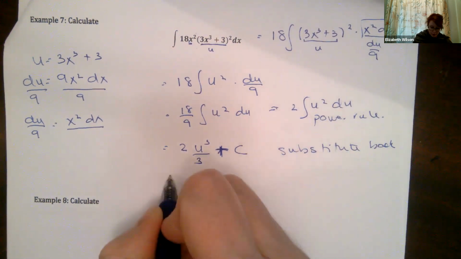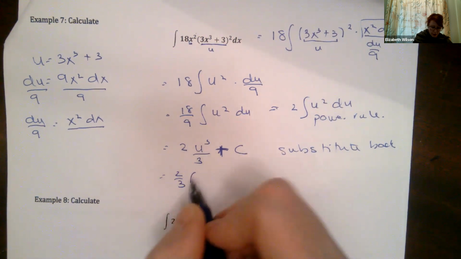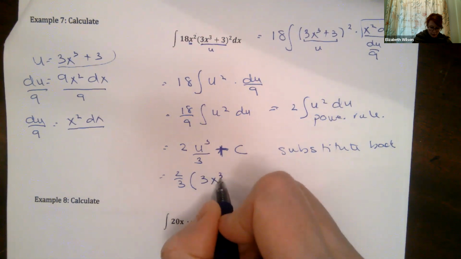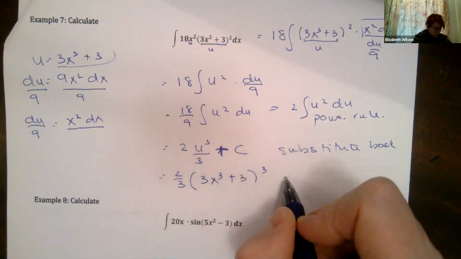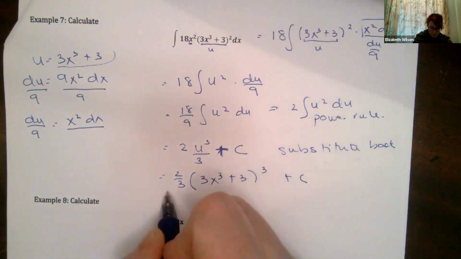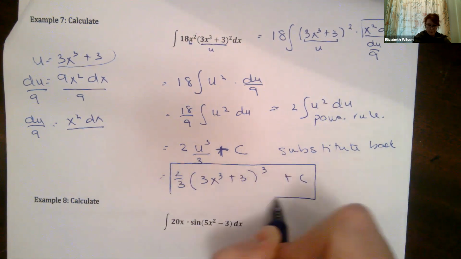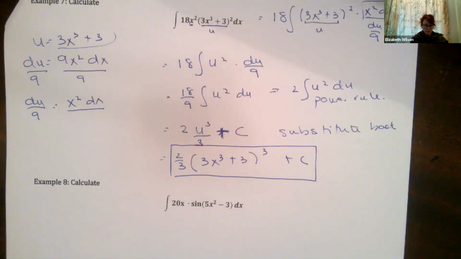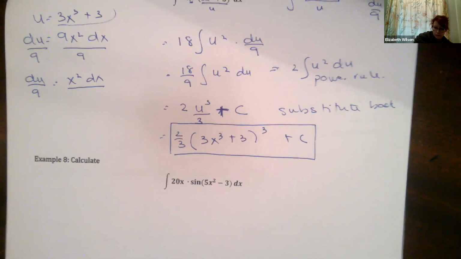So I've got 2/3. I write it out like that. So my u was equal to this right here. So I'm going to substitute 3x cubed plus 3 quantity cubed and then plus c. And I'll put a box around it. Okay.